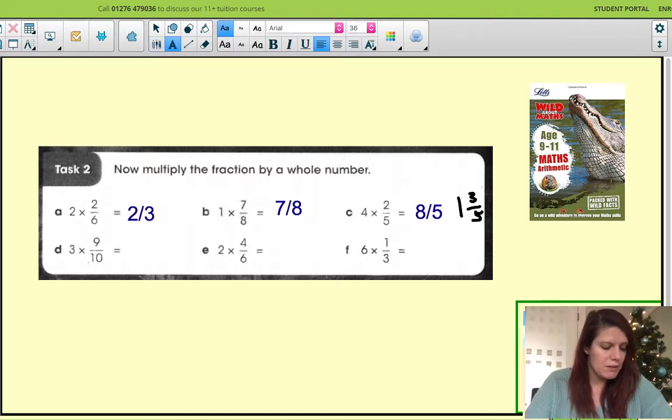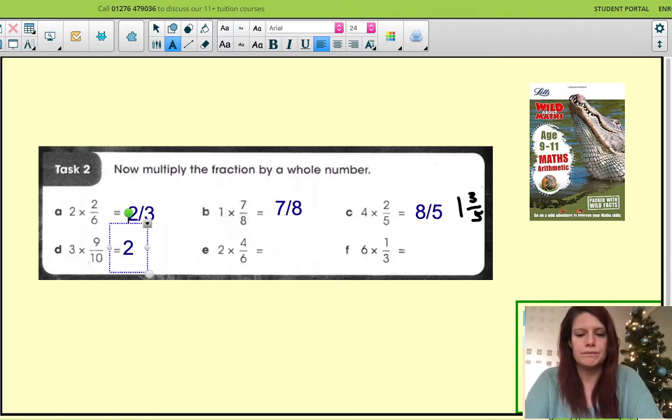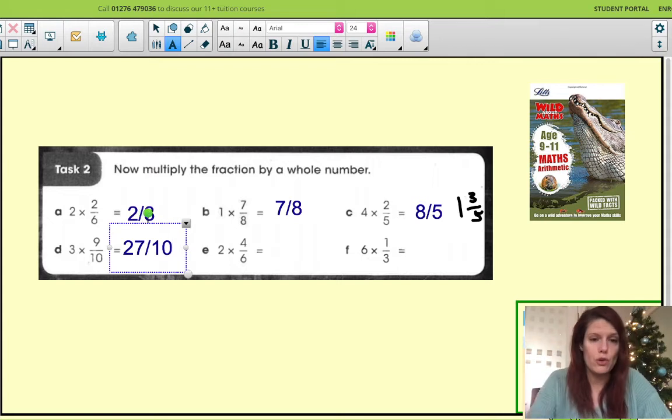So D, 3 times 9 tenths is 27 tenths, or 2 and 7 tenths, that could be. Let's also write that down.